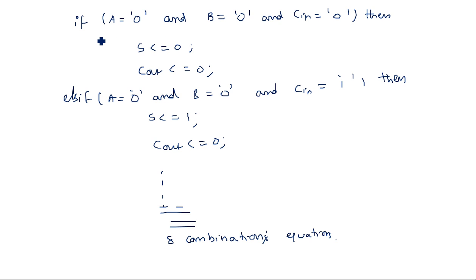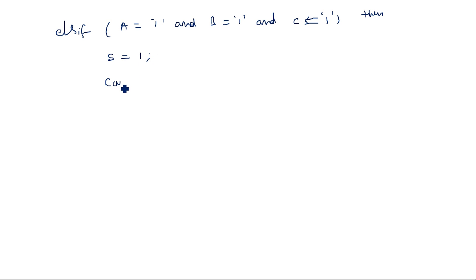If this condition is wrong, then else if. Again the last one: else if a is equal to 1, b is equal to 1 and c is equal to 1, then s is equal to 1, carry out is equal to 1.